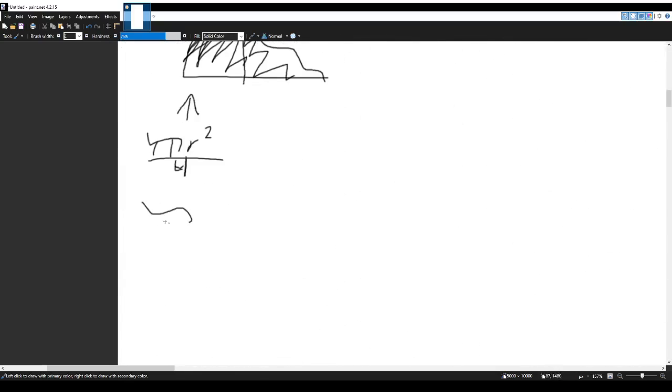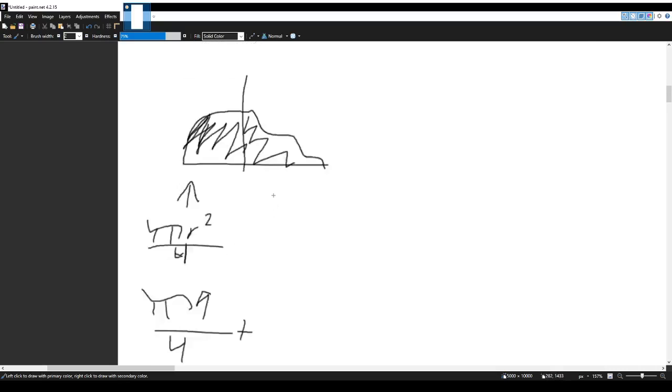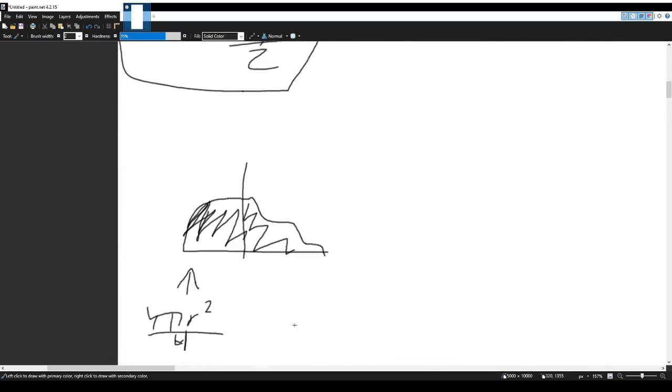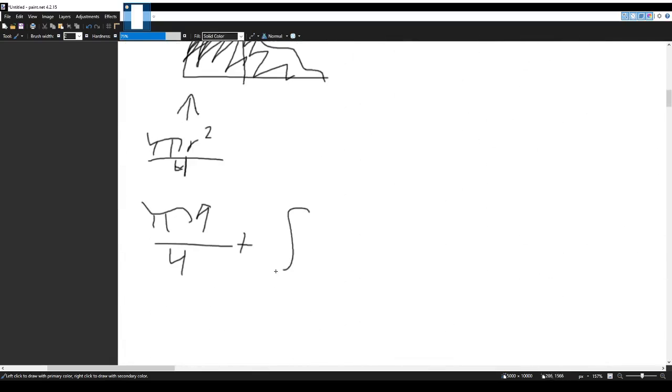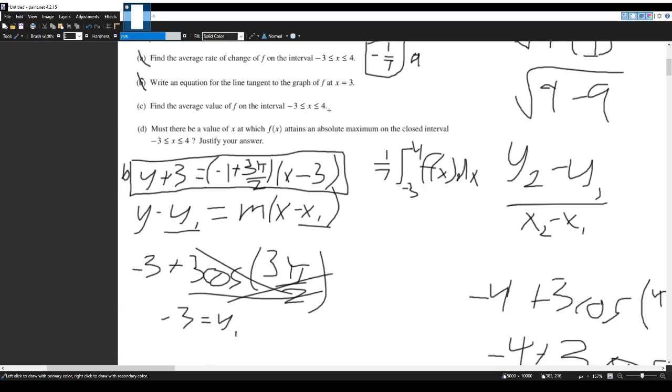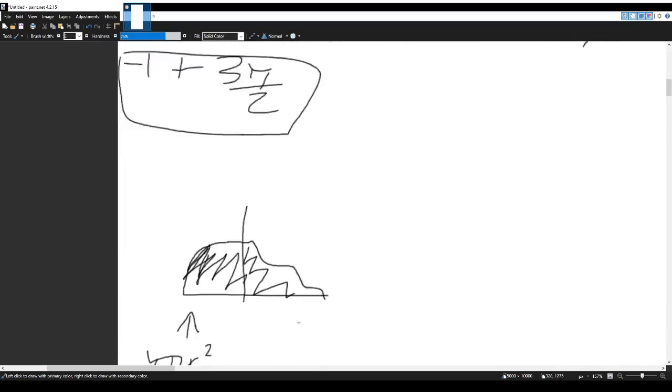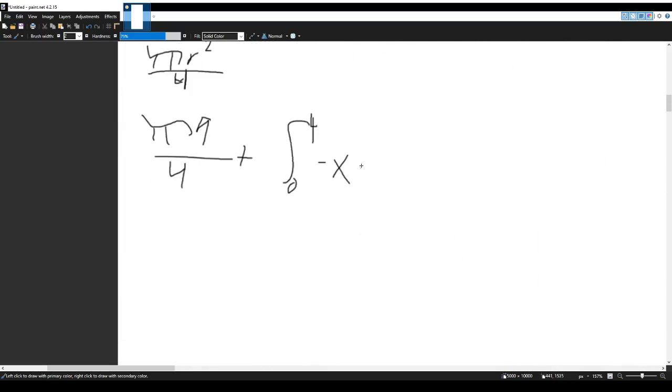So this would be 9 pi over 4 plus the integral from 0 to 4 of just this part: negative x plus 3 cosine of pi x over 2, dx.